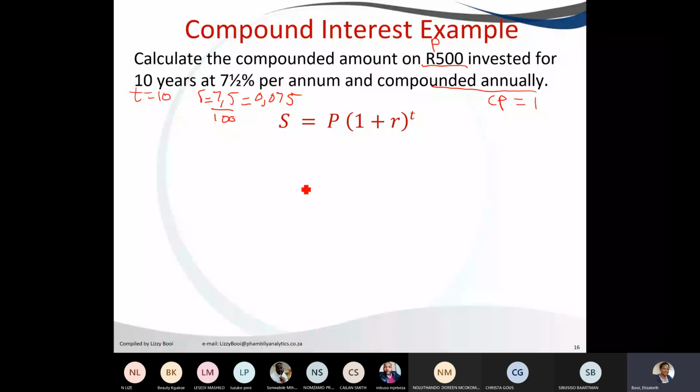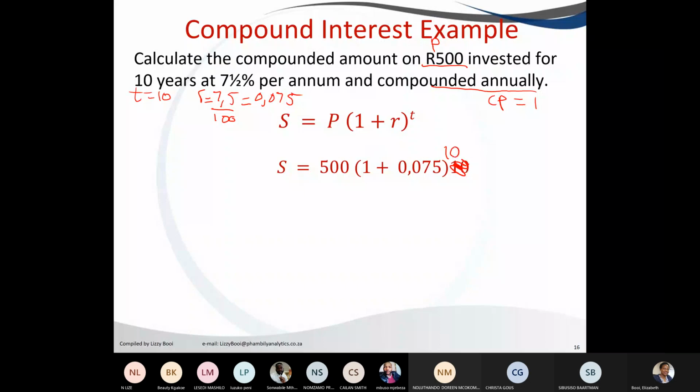Substituting, our P is 500, our R is 0.075, our T, must always remember to fix this, our T into the power of 10. We solve what is inside the bracket. 1 plus 0.075 is 1.075 to the power of 10 times 500.